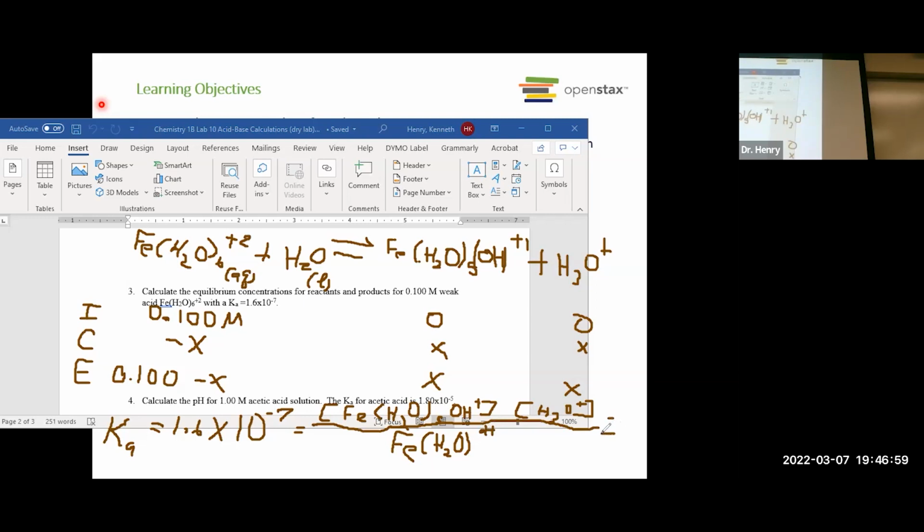And then we've got to plug and chug, right? Plug in our values. So we have x squared over 0.10 minus x. Let's assume the 5% rule.